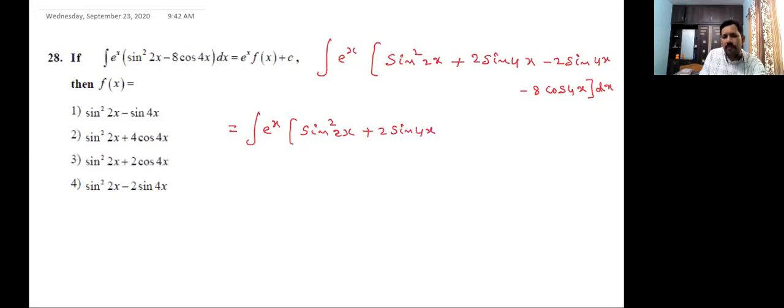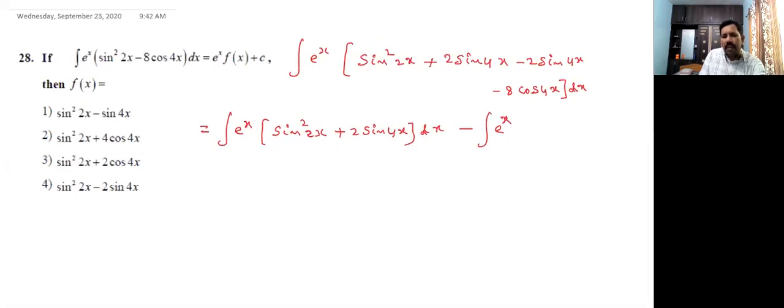This is one problem, dx, minus integration e power x. I have taken minus common. The remaining part is 2 sine 4x plus 8 cos 4x dx.